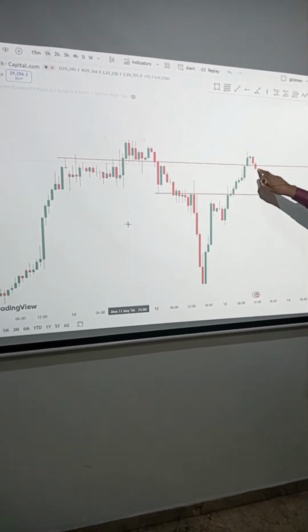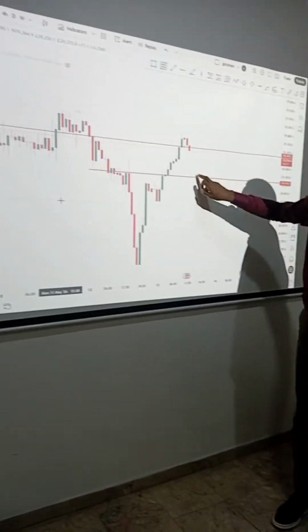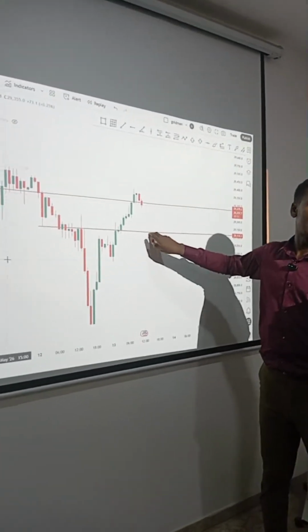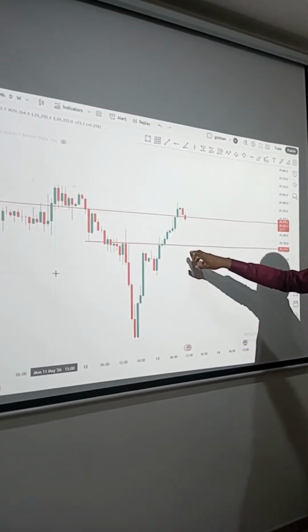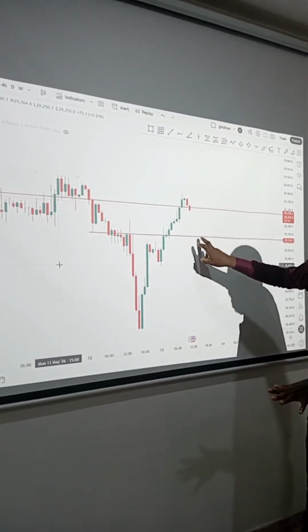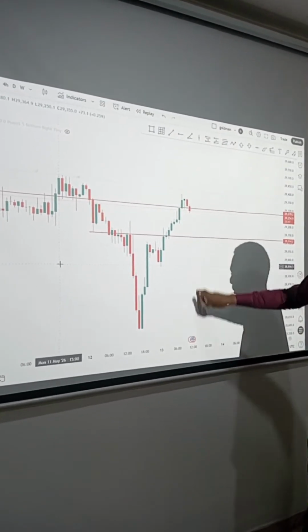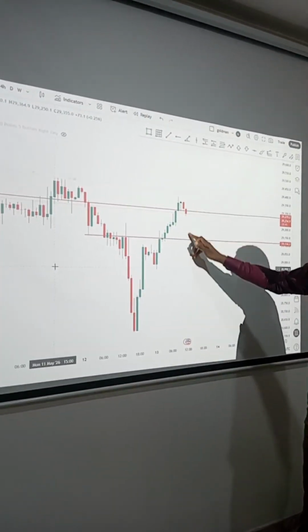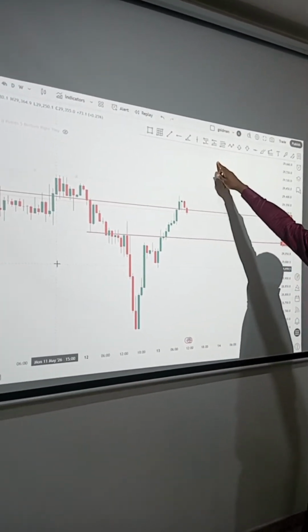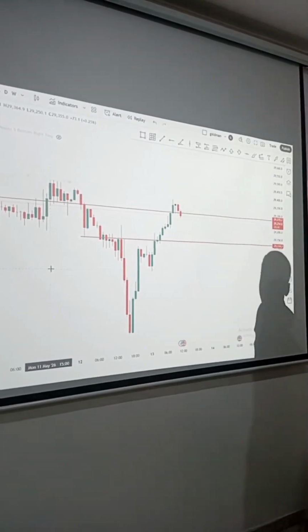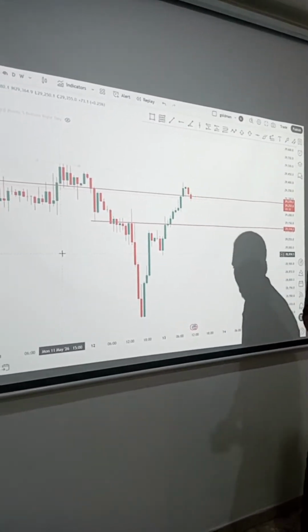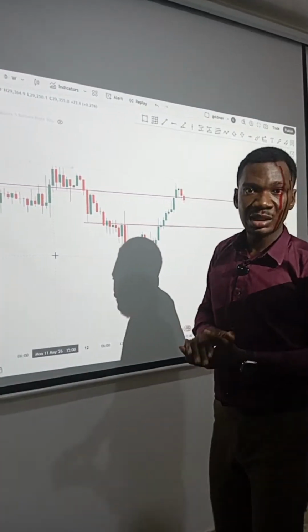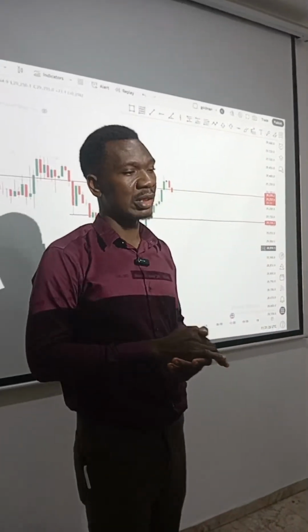The market can decide to drop from here, and then at least we will be looking out for what will happen here. This is where the market is going to apply a little bit of break. If it breaks this point, then it is going to this side. But if it respects here, then it will come back to this side. Are we getting it?